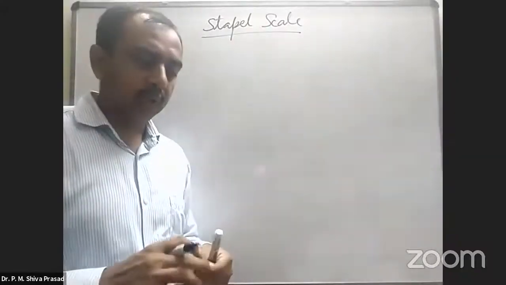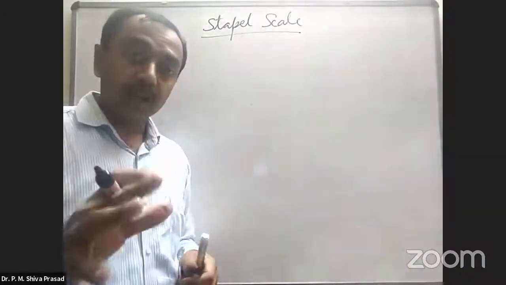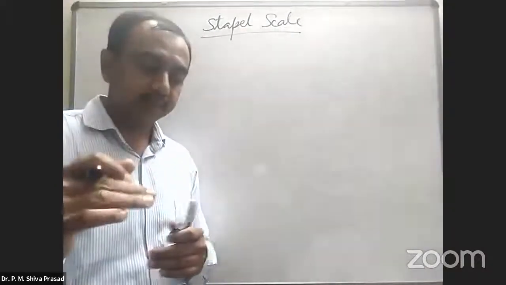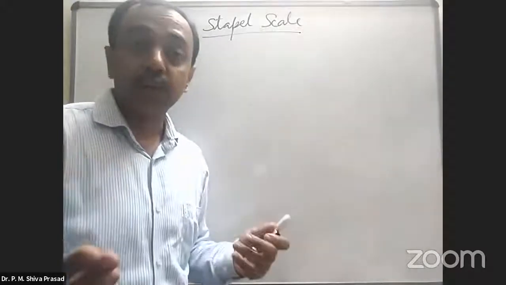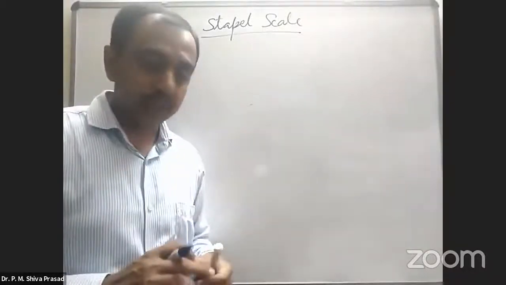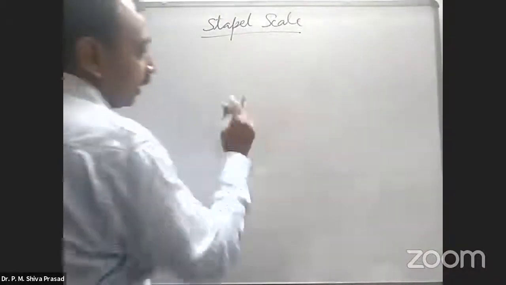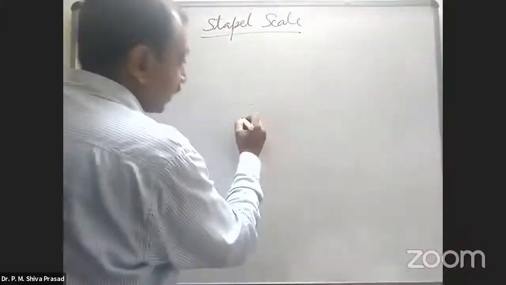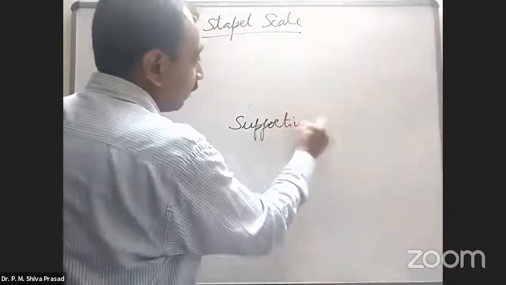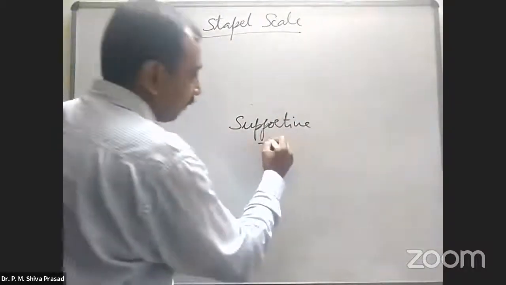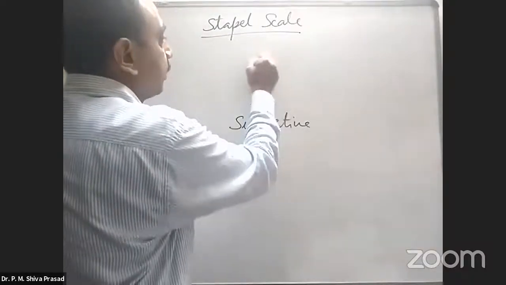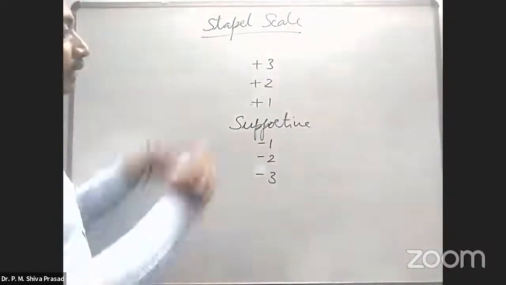Say, for example, to measure the attitude of a subordinate towards a superior, whether your superior is supportive to you or not, is the kind of question. In that case, the item which is being measured is written in between, supportive. Then we'll say -1, -2, -3, +1, +2, +3. This is how the scale looks.